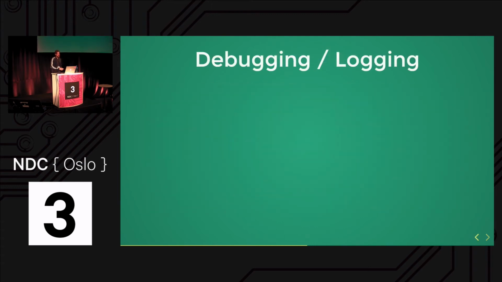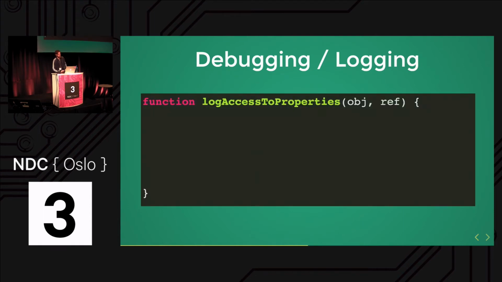And then another popular example is debugging and logging. So we could make ourselves a function where we log every access to the object. So every time you try to get some field of an object, we could log that. So we can create a new proxy, and then we could have a getter trap.